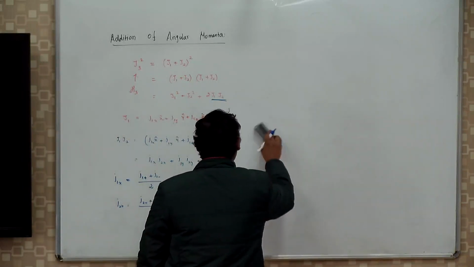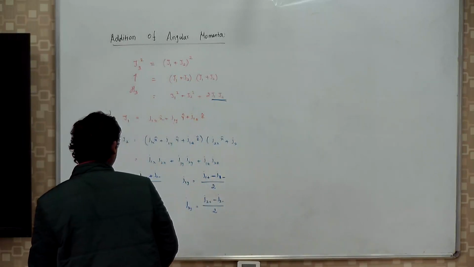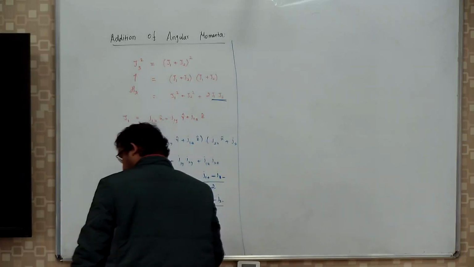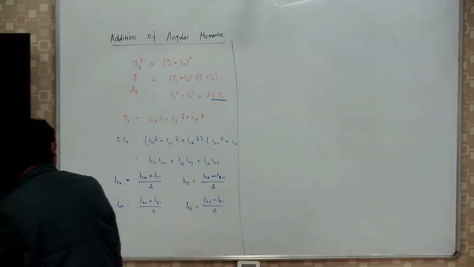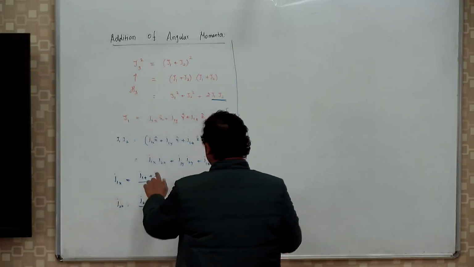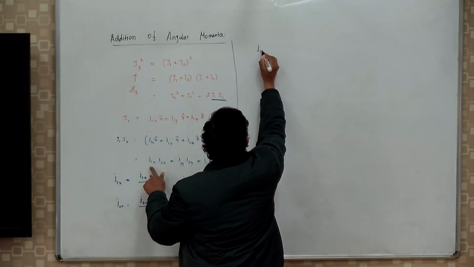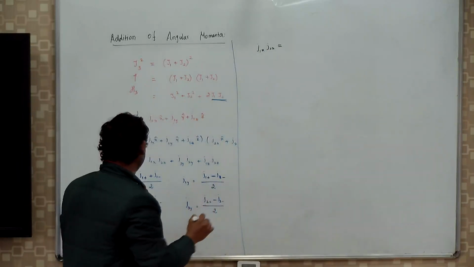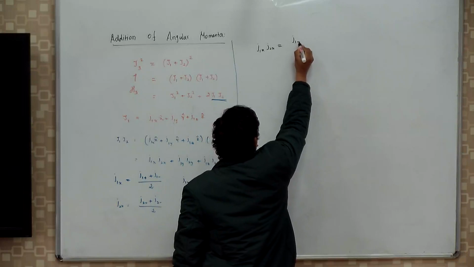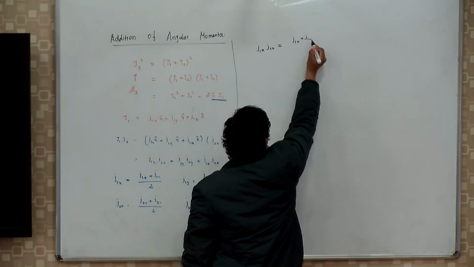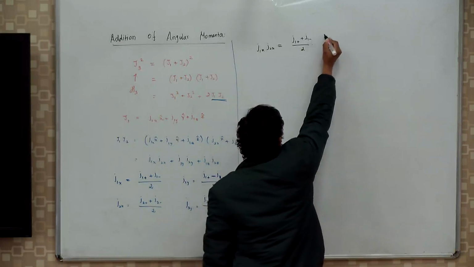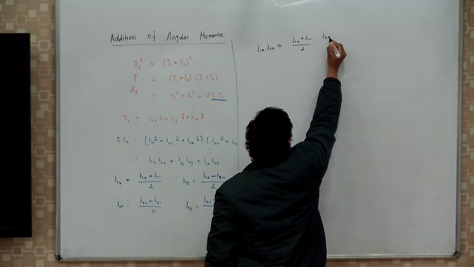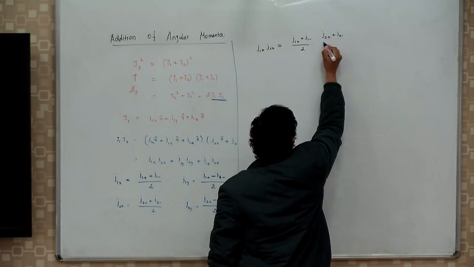Now if we feed all these values to this expression to find the product of Z1x and Z2x, we can write Z1x as Z1 plus Z1 minus divided by 2 and Z2 plus Z2 minus divided by 2.